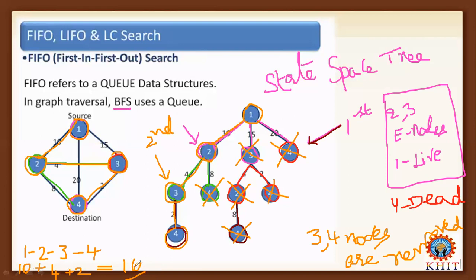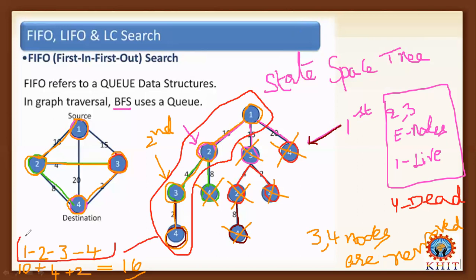So in this way, we need to find the least cost by using the first in, first out searching technique. So in the given graph, clearly observe that you can consider only this red color highlighted path, which generates the answer node.